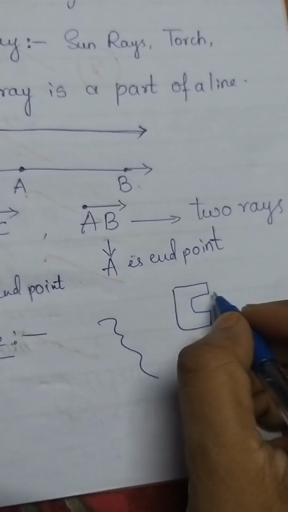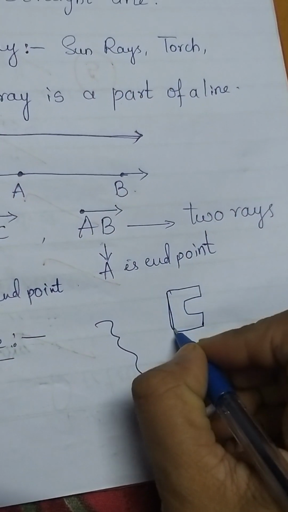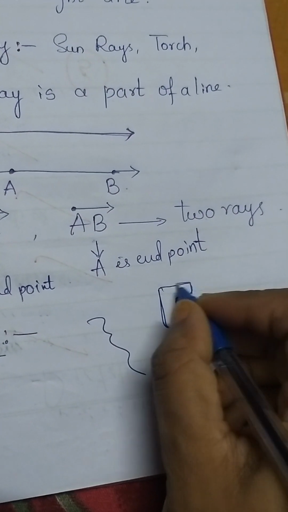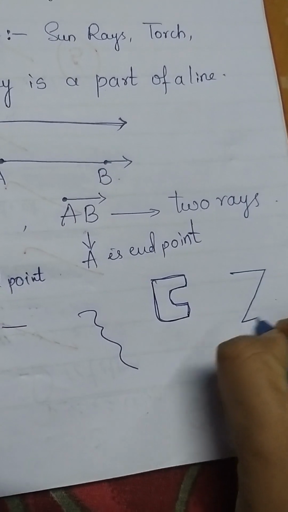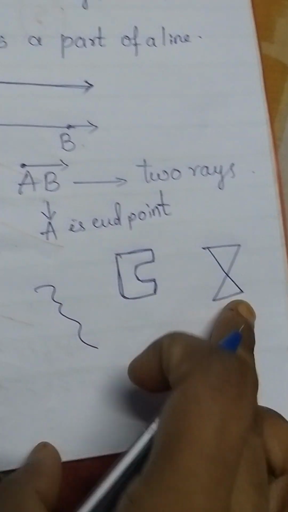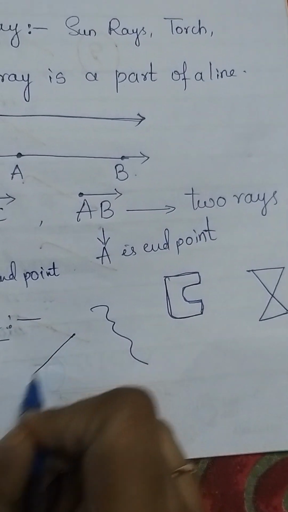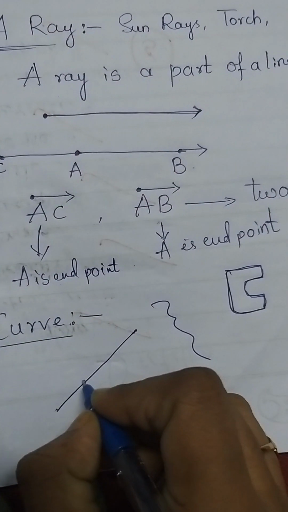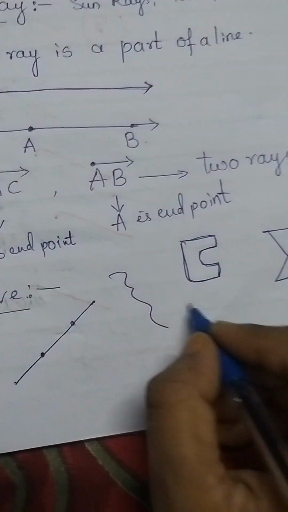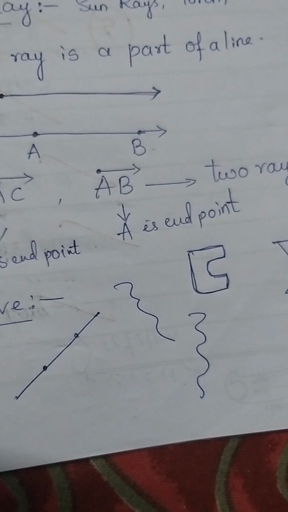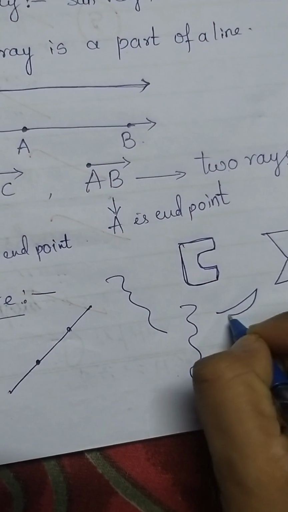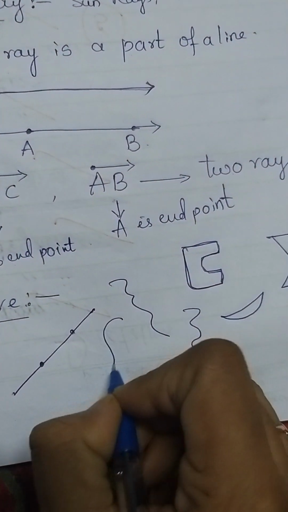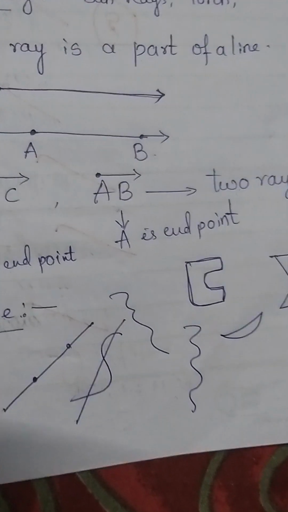No open place, it is continuously a closed surface, and like this is a closed surface. Like this, it has end points, and this is also a curve, and like this a half moon and a spherical shape. These are some curve shapes.